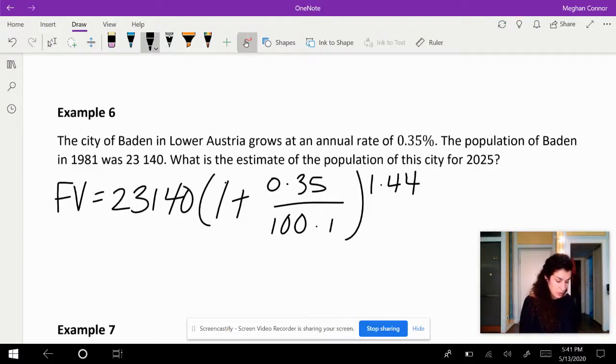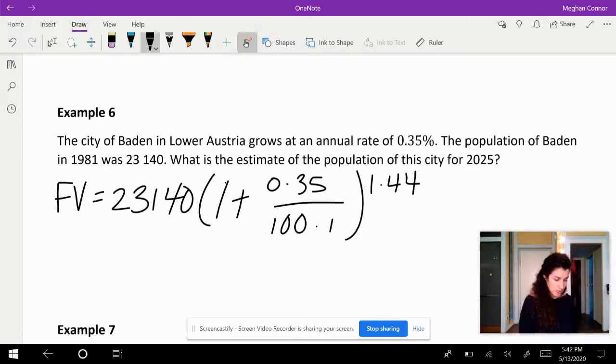So using your financial solver to plug in all of these pieces, 44 for the number of years. If you have TI-84, it would still be 44 because it's only one compounding. So it'll be 44 times 1. If you have a TI Nspire, don't worry about it. Interest rate is 0.35. Still a negative in terms of your initial value, negative 23,140. Final value, we don't know what that is, so we should be deleting that guy out.